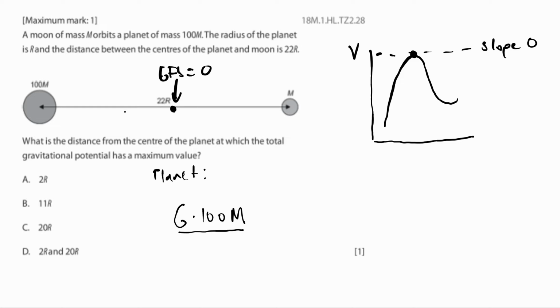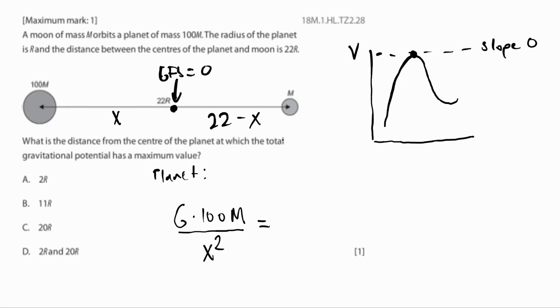Let's call this distance x, and let's just call this distance 22 minus x. Okay, so let's say this distance is a distance of x squared away from the maximum value point, this planet of 100 m. That's equal to 0, but the other is also equal to 0.